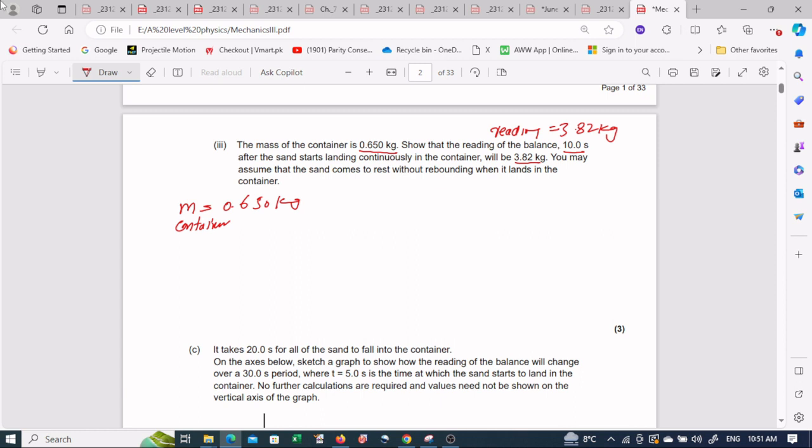First of all, we have to find the total balance reading.